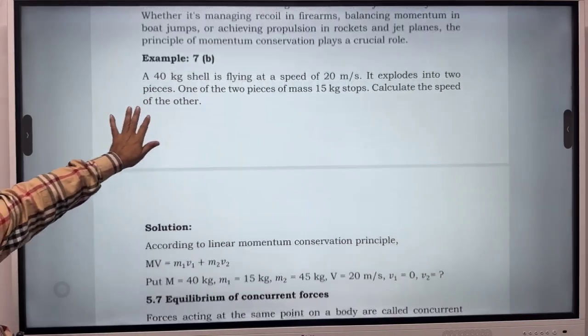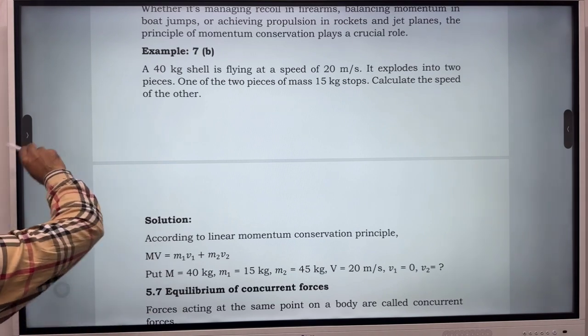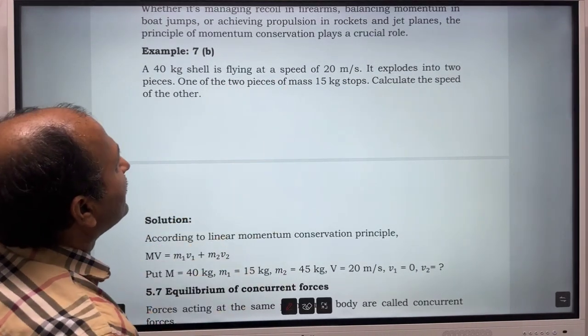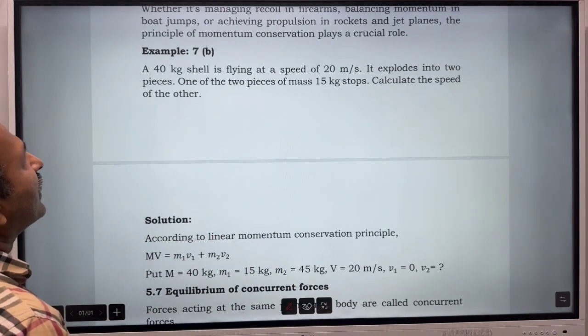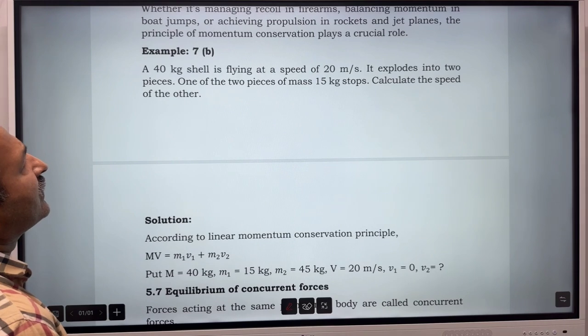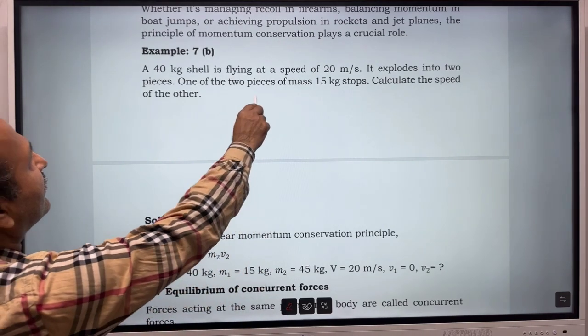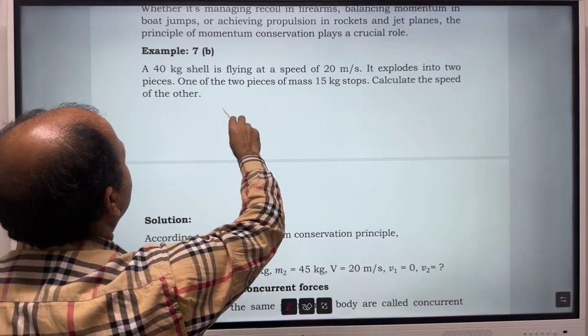Then you are given this question. A 40 kg shell is flying at a speed of 20 meter per second. It explodes into two pieces. One of the two pieces of mass 15 kg stops. Calculate the speed of the other. So here momentum before and after must be conserved.